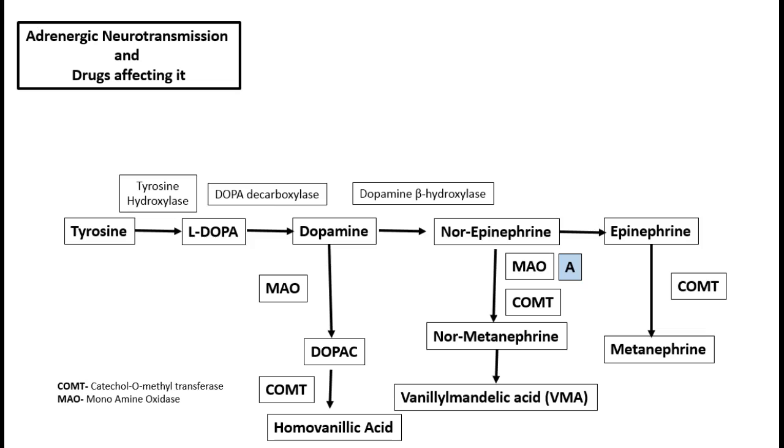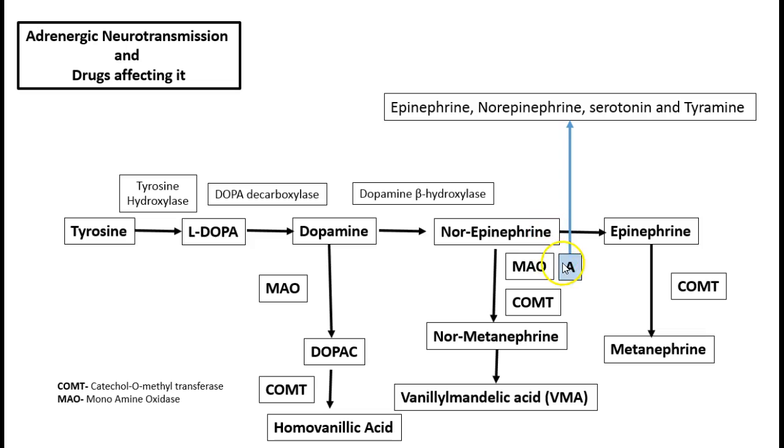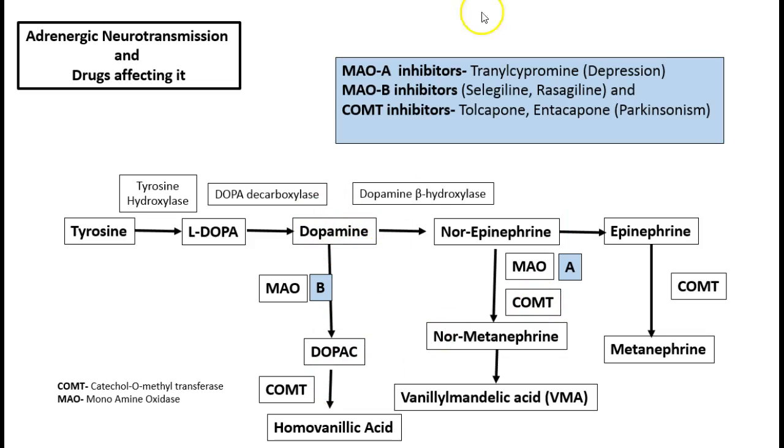The enzyme which metabolizes norepinephrine and epinephrine is predominantly the MAO-A enzyme, that is monoamine oxidase A. So monoamine oxidase A mainly metabolizes epinephrine, norepinephrine, serotonin and tyramine, whereas the MAO-B enzyme mainly metabolizes dopamine, and the COMT enzyme mainly metabolizes dopamine, and hence MAO-A inhibitors basically inhibit the metabolism of norepinephrine, epinephrine and serotonin.